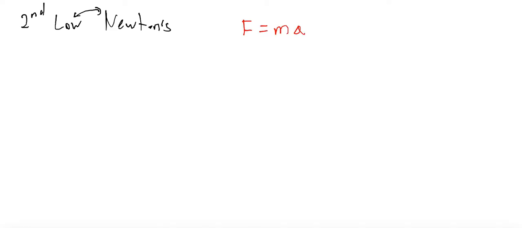Okay, short revision. Last lesson we were talking about Newton's second law of motion. As a short revision, you have to know that force equals mass times acceleration. So when an object experiences a resultant force, then it accelerates, and acceleration can be found by using this simple equation.